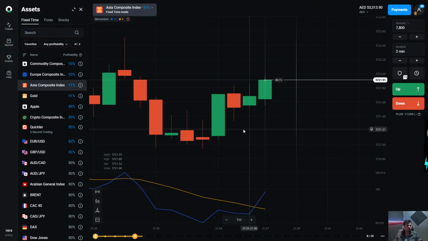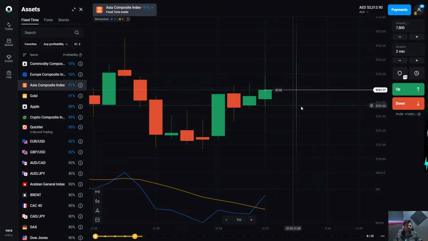Wow, the composite index is also moving in the upward direction. As I can see, every composite index is just moving in the upward direction.